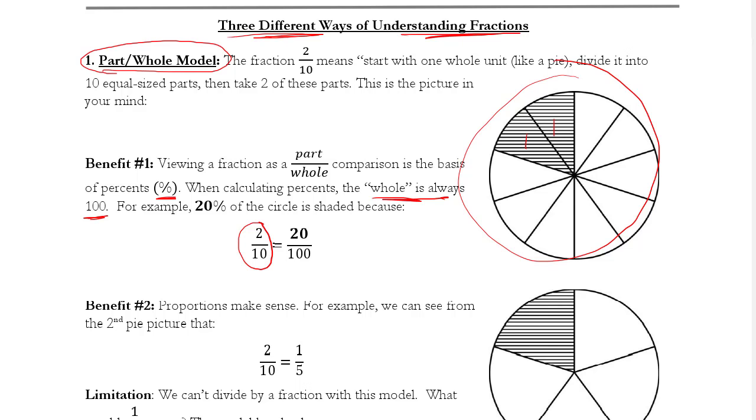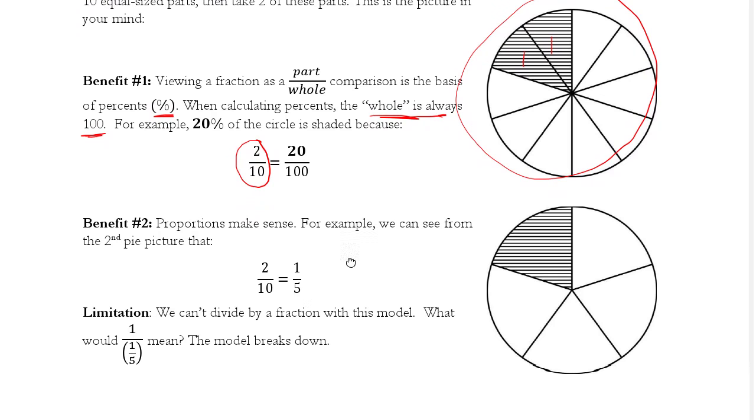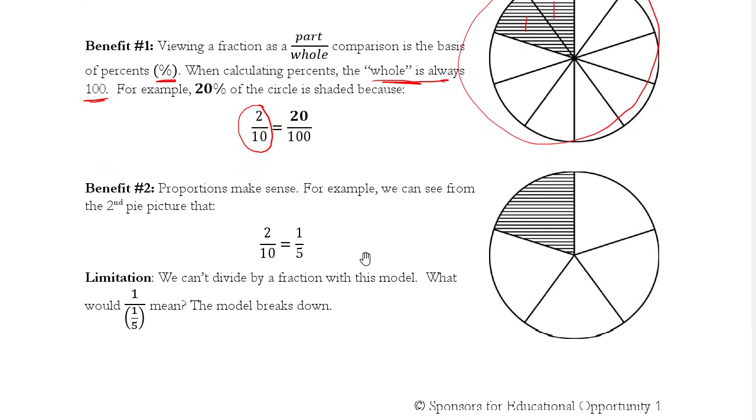Another benefit of this model is that we can sort of make sense of proportions, right? So for example, if I said, look at these 2 pies right here, which one has more shaded area, right? You'd say that's exactly the same, because 2 out of 10 in the top one is the same thing as 1 out of 5, right?